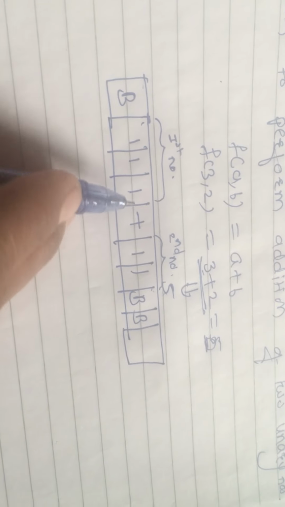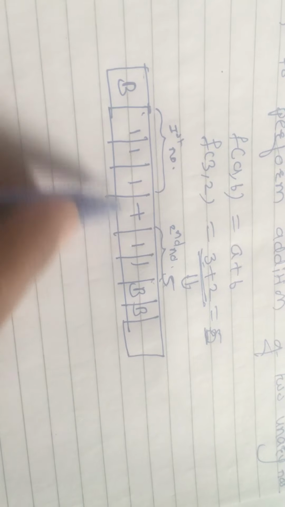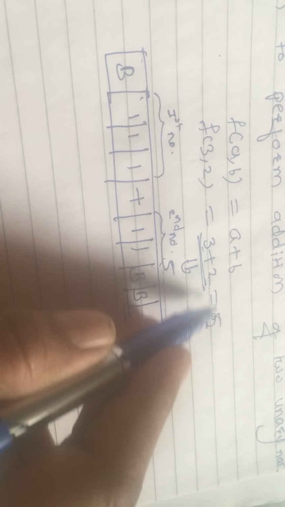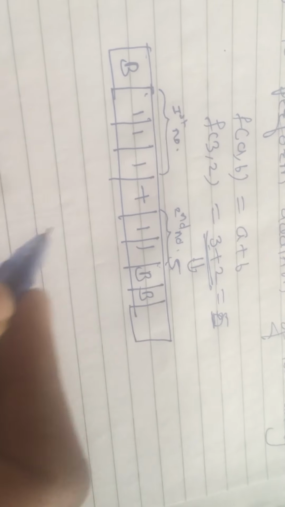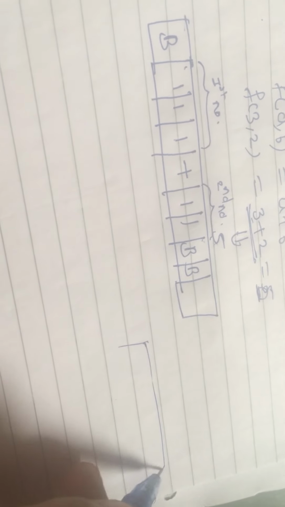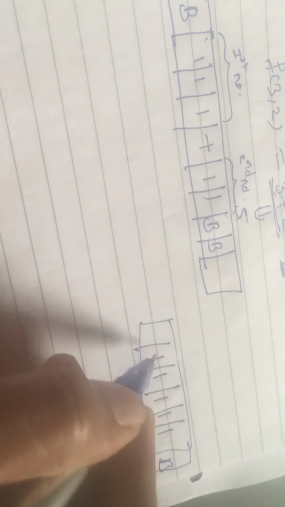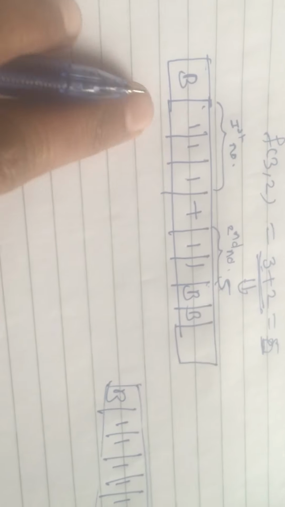Now we have to convert this tape configuration into this one. What is the result of this one? 5. So we want to convert this into this structure, 1 2 3 4 5. Now how can we convert this?